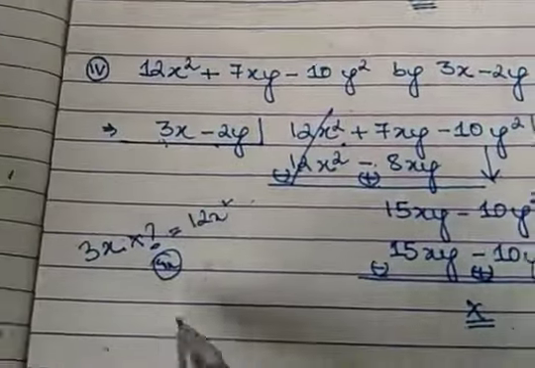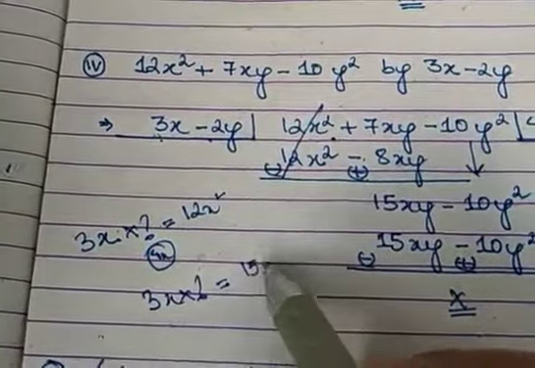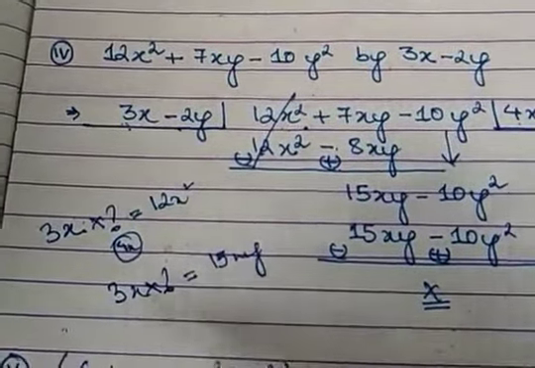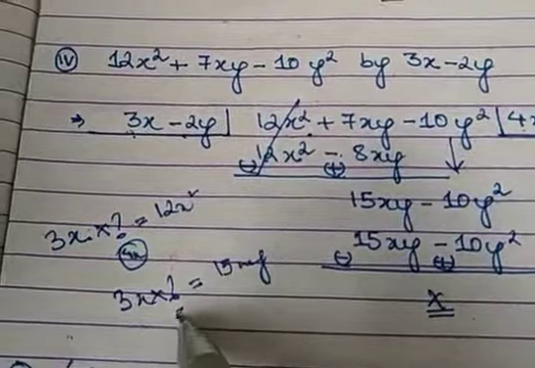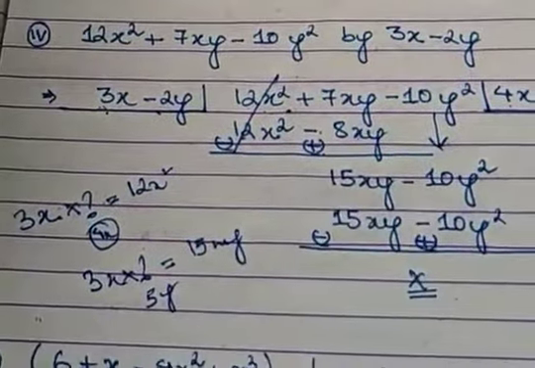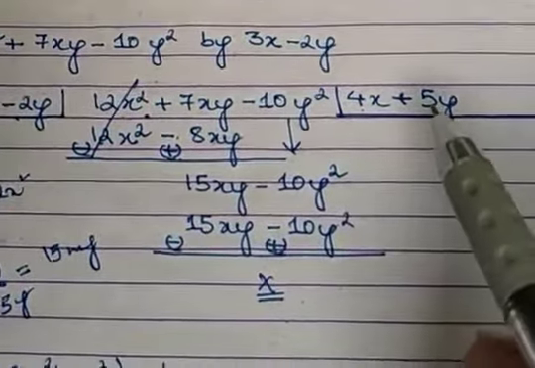Now again, what should I multiply with 3x to get plus 15xy? The sign remains the same, so no need to mention plus. 3 fives are 15, so it will be 5. X we already have, so all we need is y, 5y, isn't it? So I have done with plus 5y.